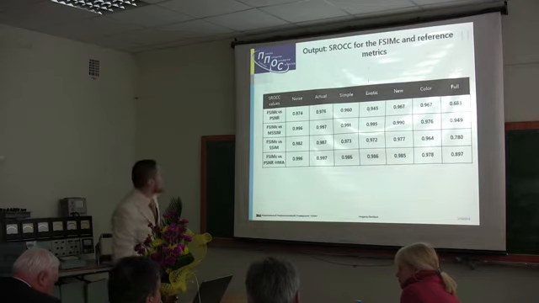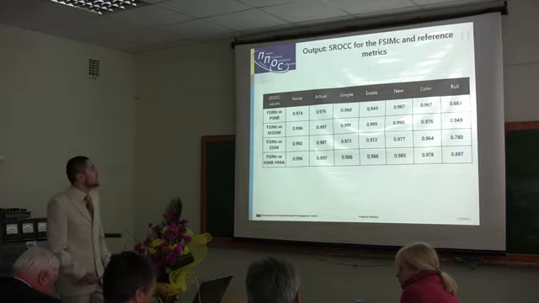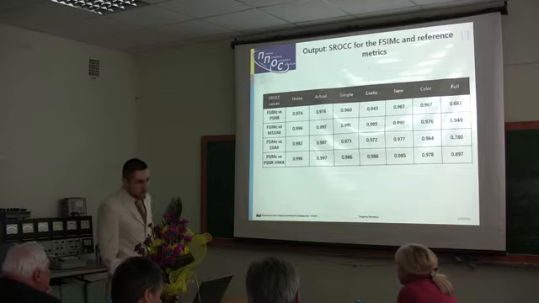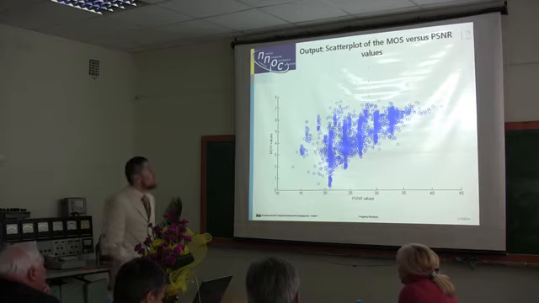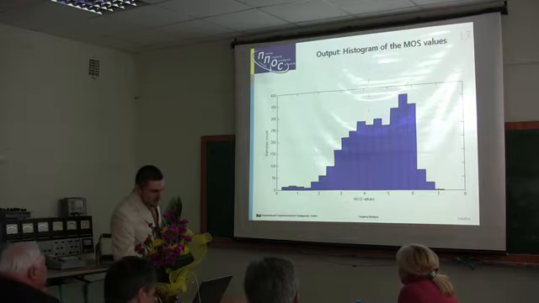These are all the Spearman and Kendall rank order correlation coefficients for the examined, in this case, FSIMC metric versus MOS and other reference metrics. Among them are the PSNR, MSSSIM, SSIM, and PSNR HMA.